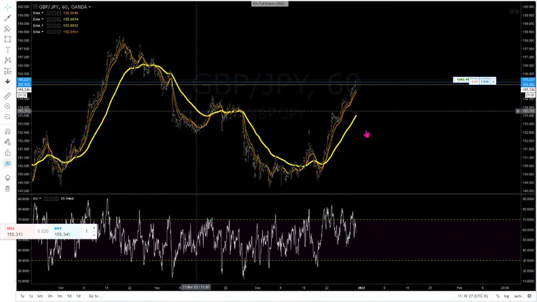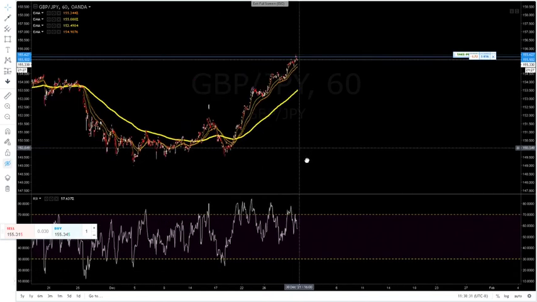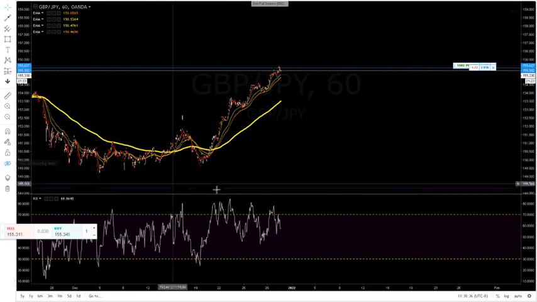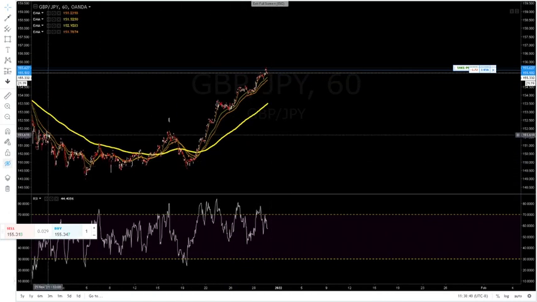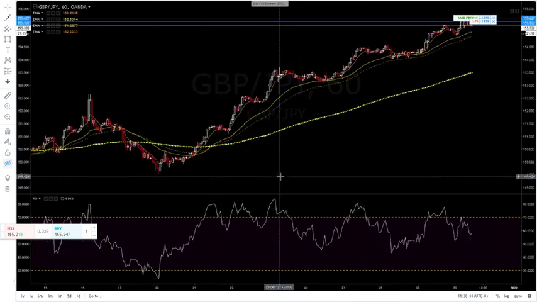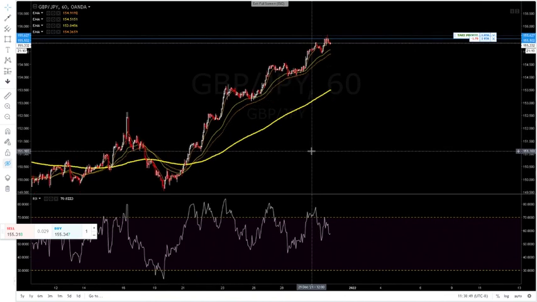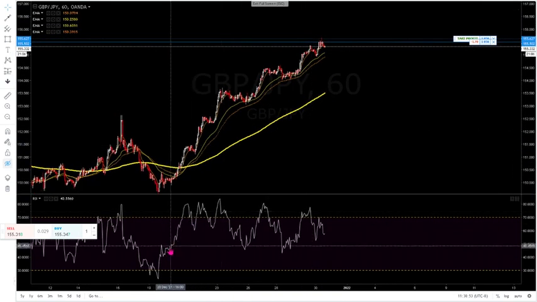All right, let me get back to the divergence, the topic of this video. We found a continuation pattern right here, and let me see if I see anything else. Look right here.